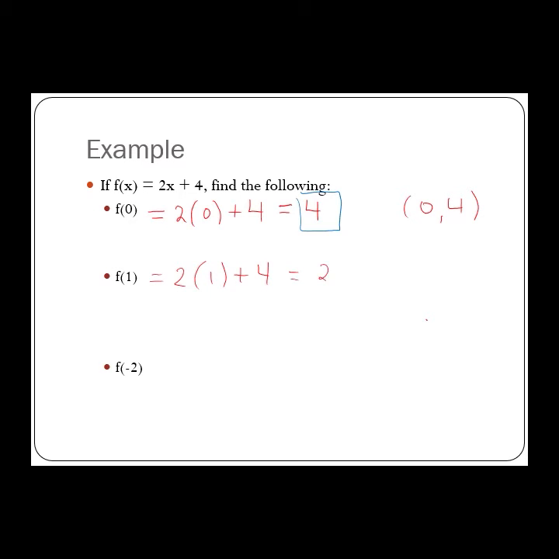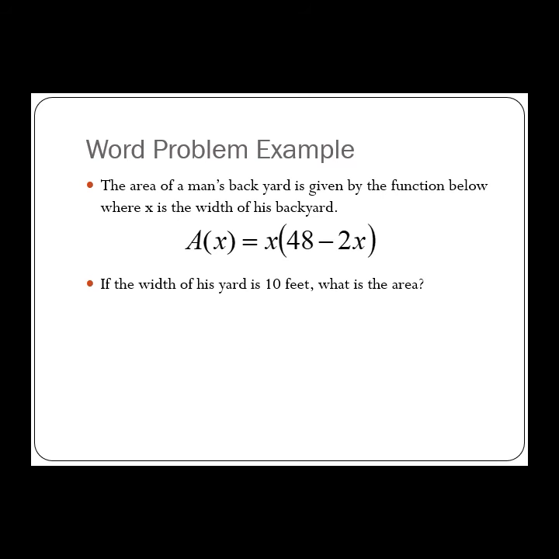This is 2 plus 4, which is 6. And f of negative 2 means evaluate at negative 2. I get negative 4 plus 4, which is 0. So there are 3 examples where we've evaluated a function.